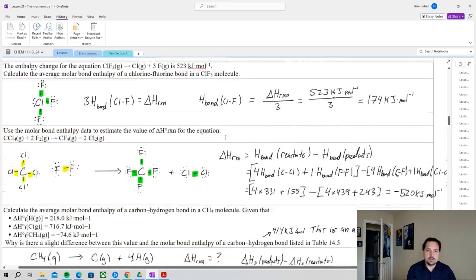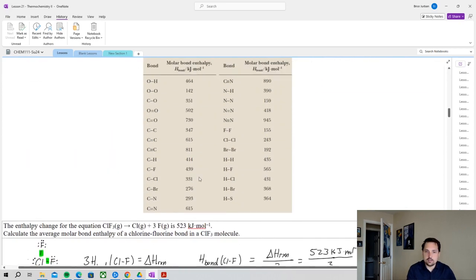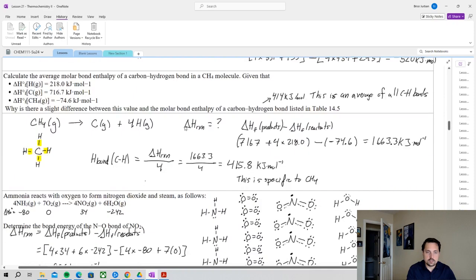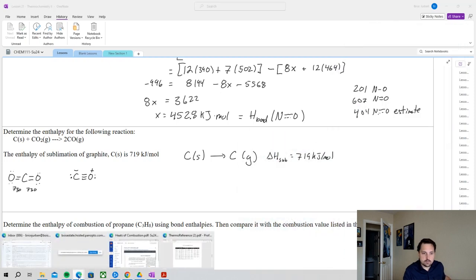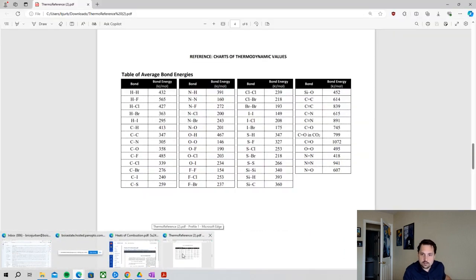And then the CO is 900 or so, 1,000. It's not given in that table, so I have to go back to this other one. Okay, CO is 1,072. It's on the right side there. Oh, actually it says here, specifically for CO and CO2, it's 799.